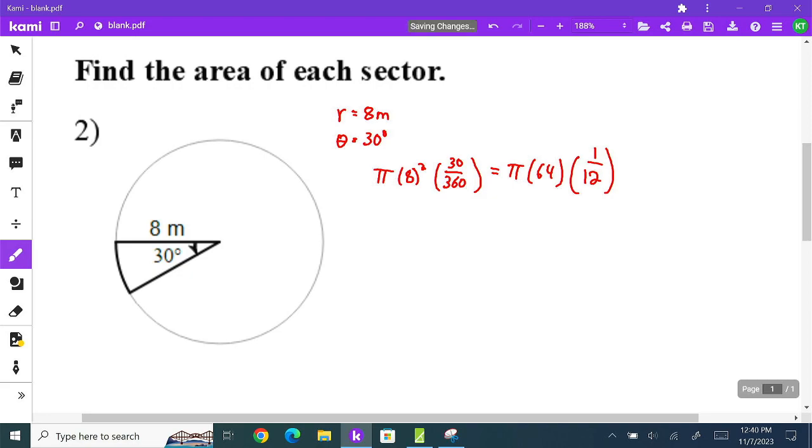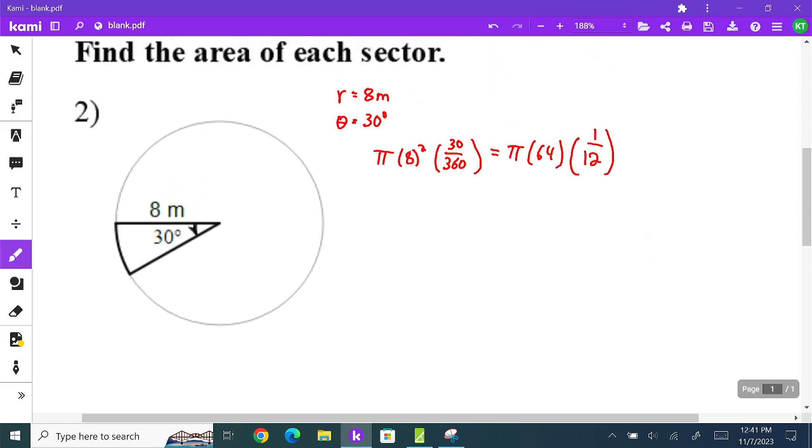because 30 divided by 30 is 1, 360 divided by 30 is 12. Now I can also simplify 64 times 1/12. So I'll illustrate this as first pi times 64 over 12.